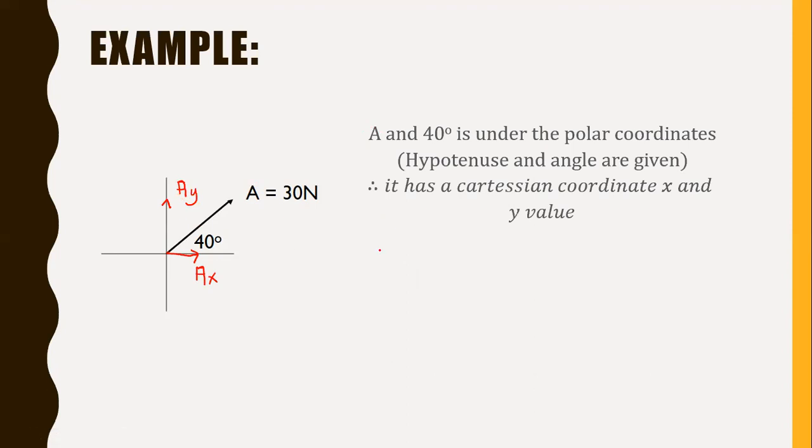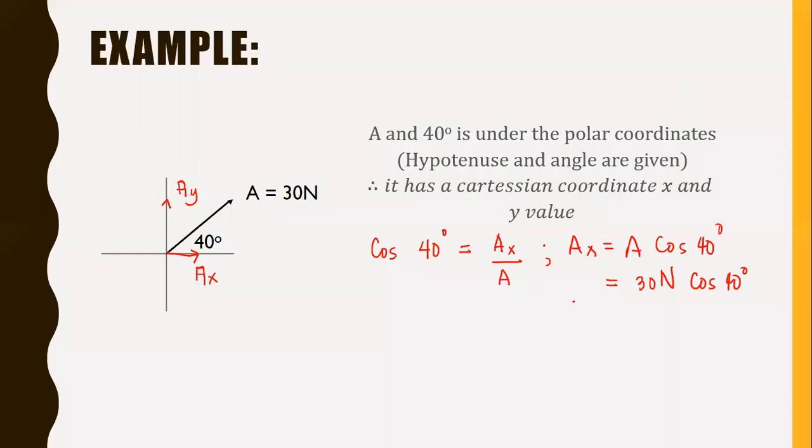Cosine 40 degrees is equal to the adjacent, which is ax, over A. So ax is equal to A cosine 40 degrees. Since your vector A is equivalent to 30 newtons, 30 newtons times cosine 40 degrees, your ax is equal to 22.98 newtons.